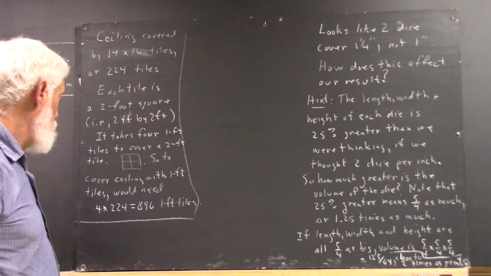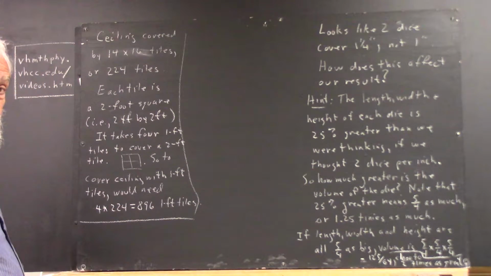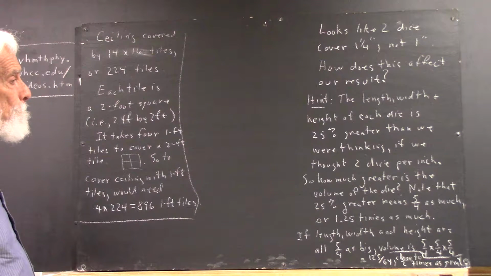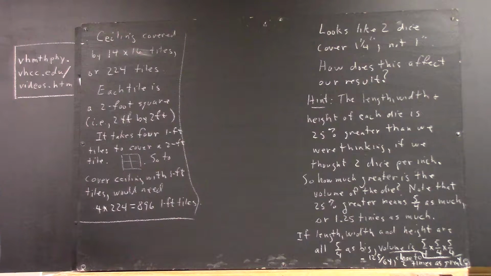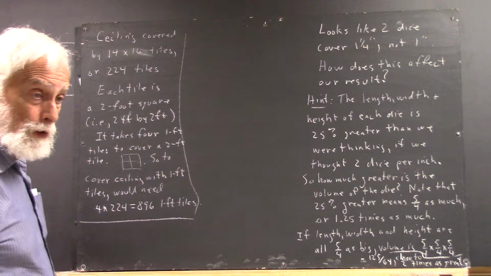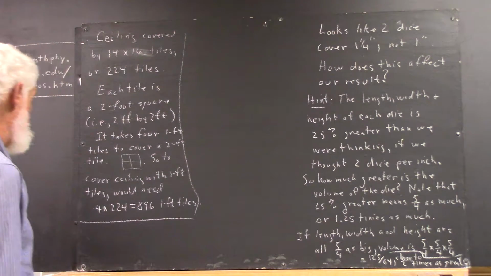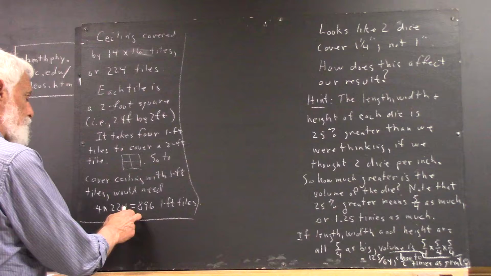So there are 896 1-foot tiles. Okay? Now, the room, as best we can figure it, is 104 inches tall. Okay, so let's see.